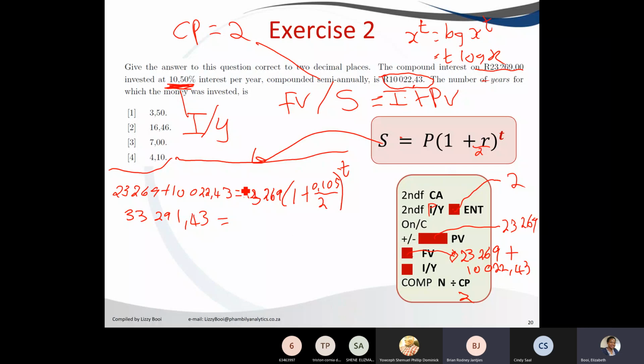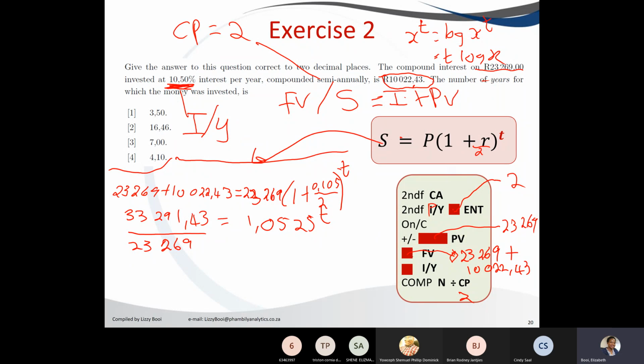Okay, so this side, I'm going to take this value and divide the side by this value. So I'm going to divide by 23,269 this side, and this I will be left with 1.0525 to the power t, which is on the other side.